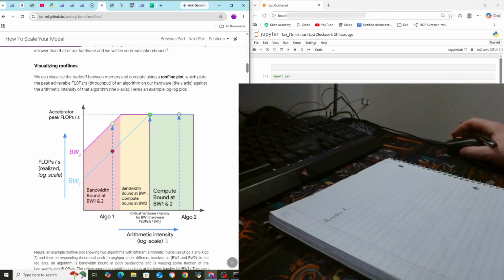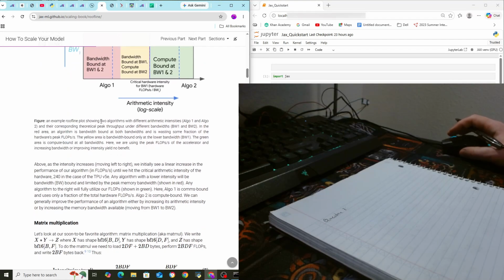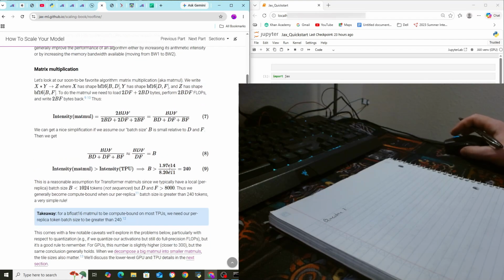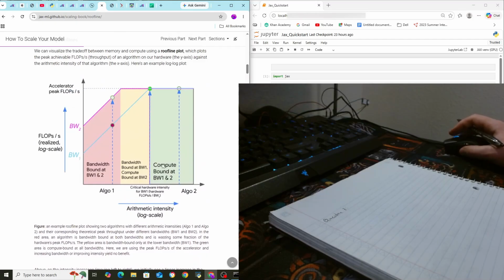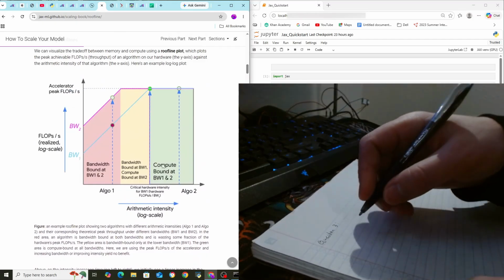Arithmetic intensity on a log scale, flops per second. Accelerator peak flops, so that should be 1.97e14. Yeah, let's just draw our box first.